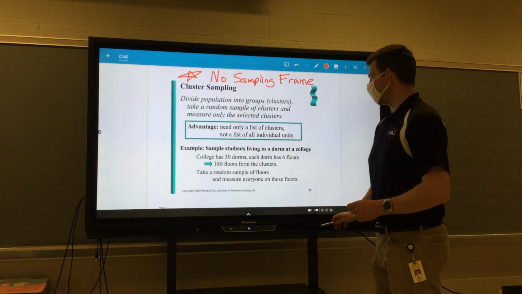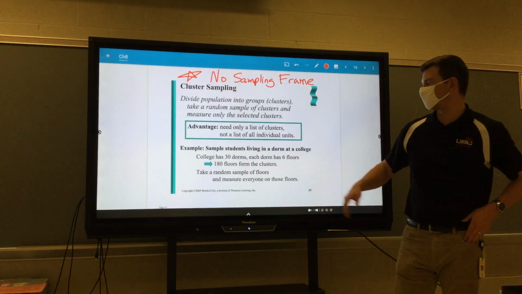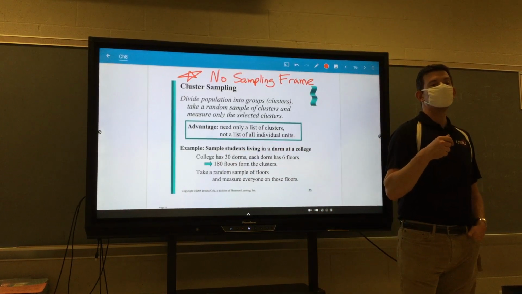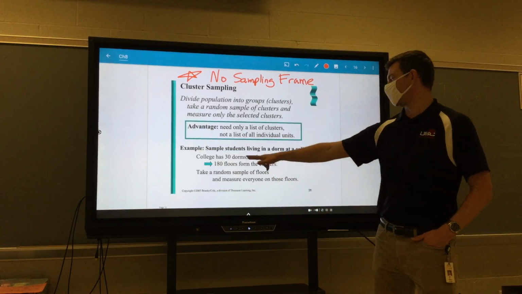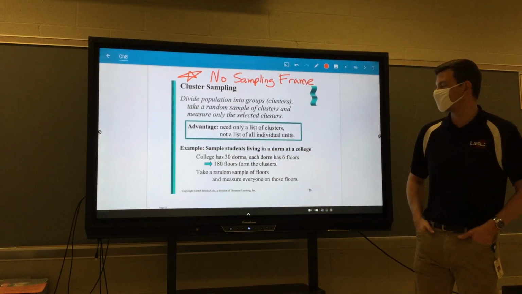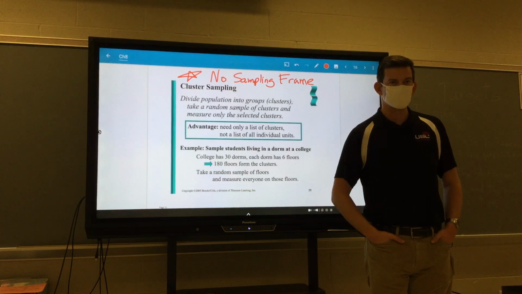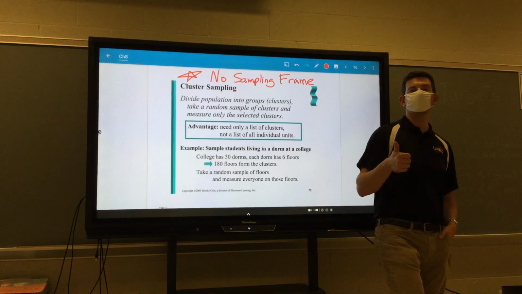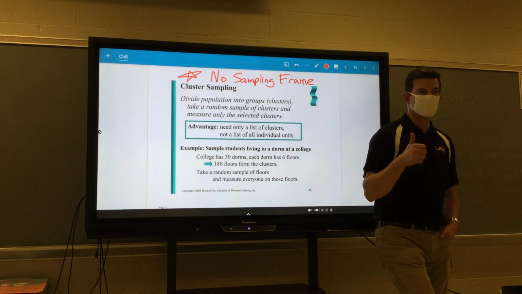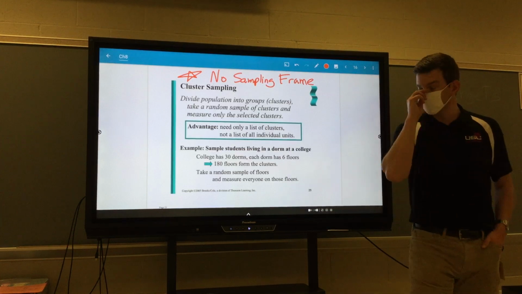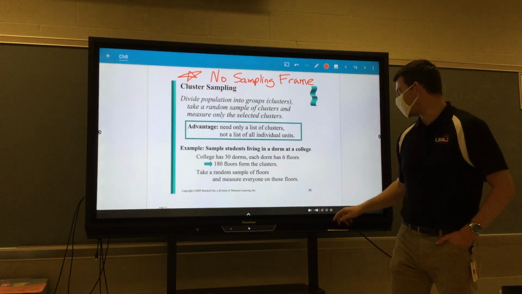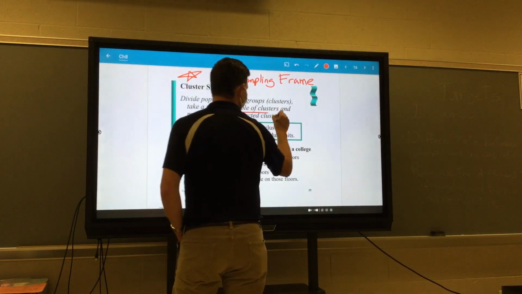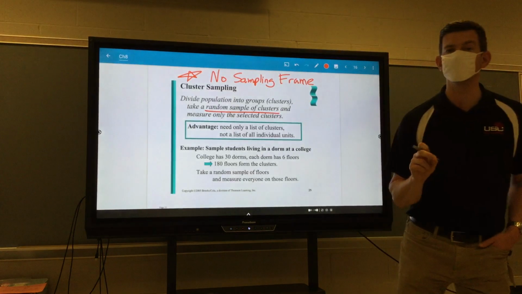I give you an example here of students on a college campus that you're interested in students living in a dorm. So at this big school, they have 30 dorms. Each dorm has 6 floors. So, some quick math there, 30 times 6, you have 180 floors. Those are your clusters. So, what you're doing with cluster sampling is you take a simple random sample of clusters, not of individuals.